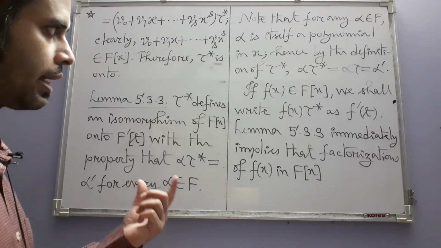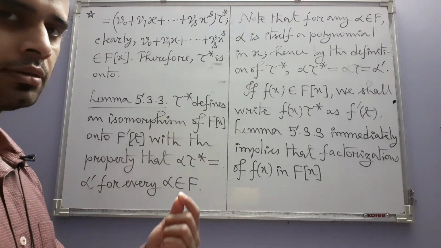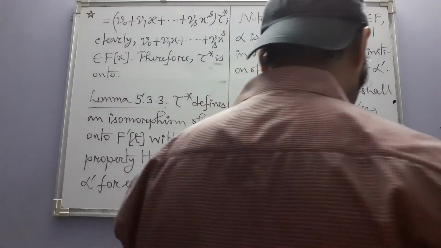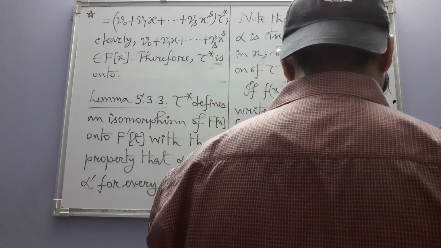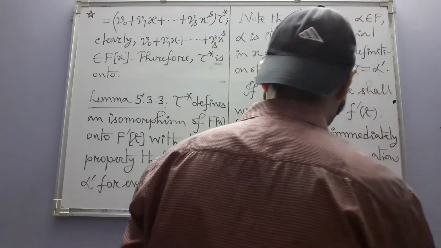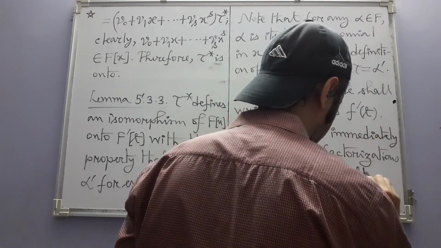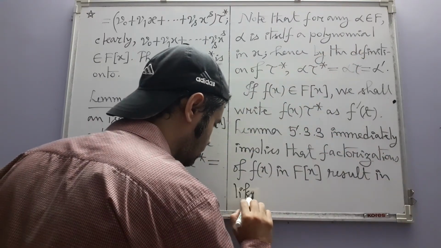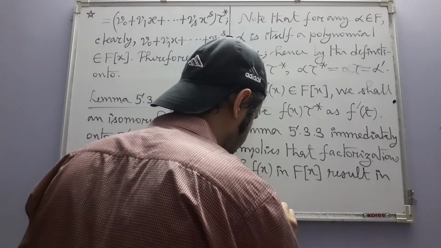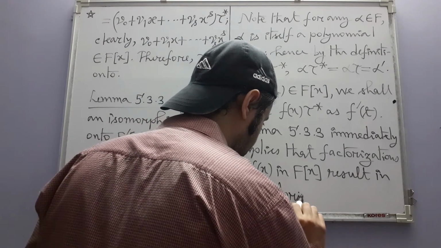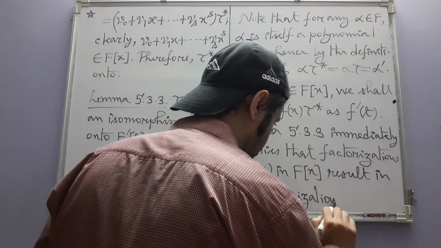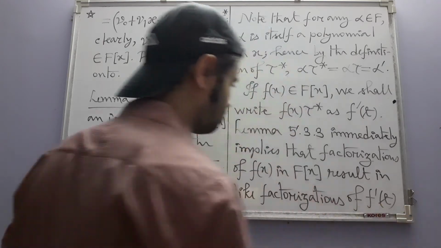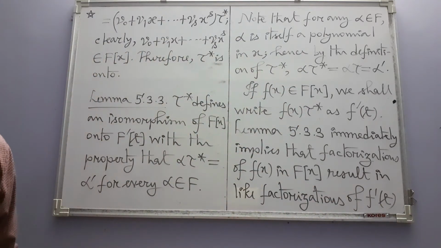So in a sense, we are considering a single field and a single polynomial ring over that field. Similar factorizations of f prime(t) in F prime[t].